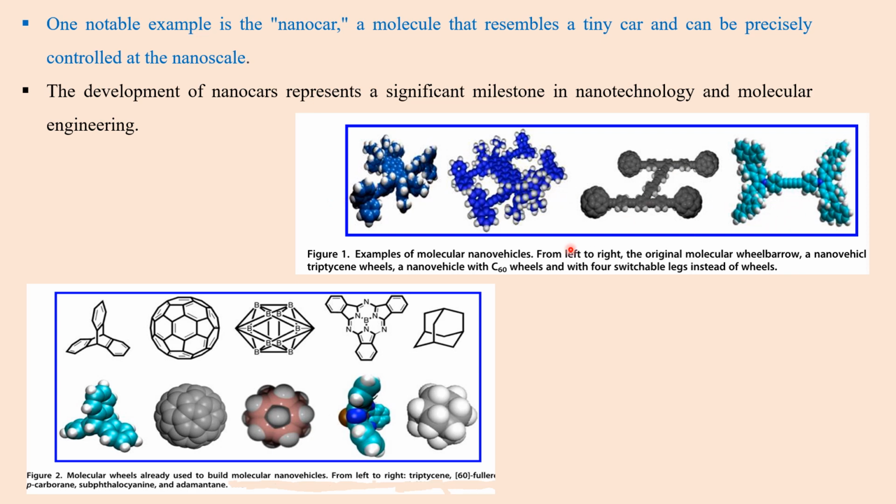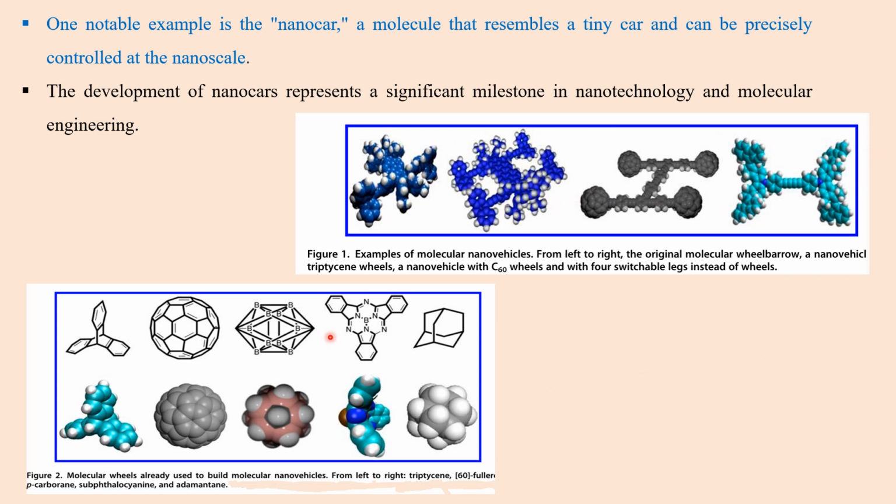So these are some examples of molecular nanovehicles or nanocars from left to right. The original molecular wheelbarrow, a nanovehicle, tryptophan valley wheels, a nanovehicle with carbon-60, which is your fullerene, and with four switchable legs instead of wheels. So these are the basic examples or structures of nanocars which you can find anywhere in these typical forms.